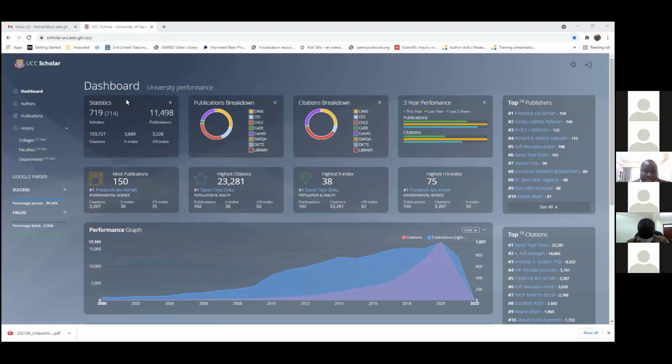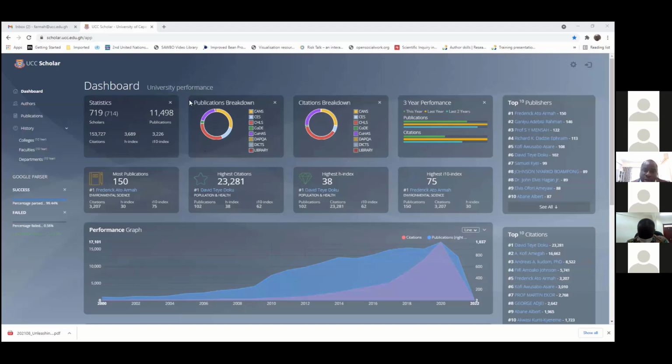Now, it tells us that so far, what we have in the system, we have about 11,498 publications. And then we have 719 people contributing these publications. And out of that, this 11,498 publications have elicited citations numbering about 153,727. It doesn't mean that all the papers have been cited. Some may be cited, some are not cited.